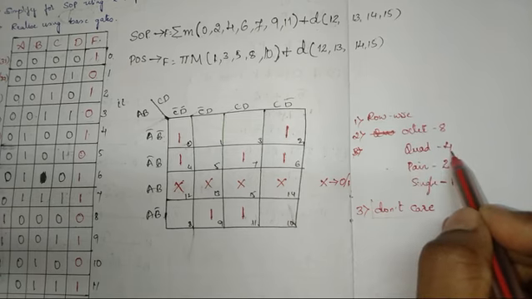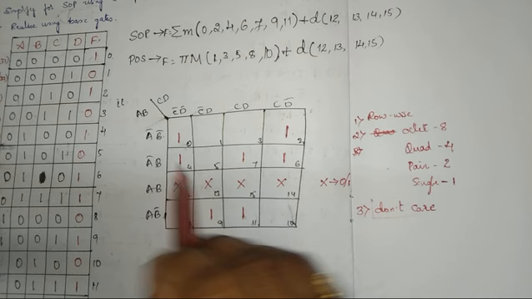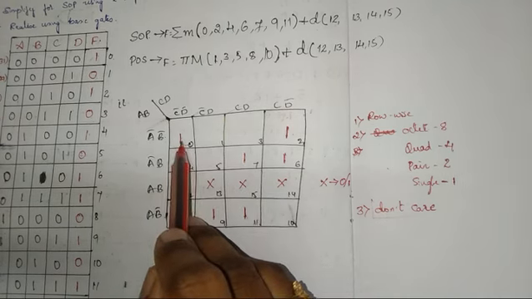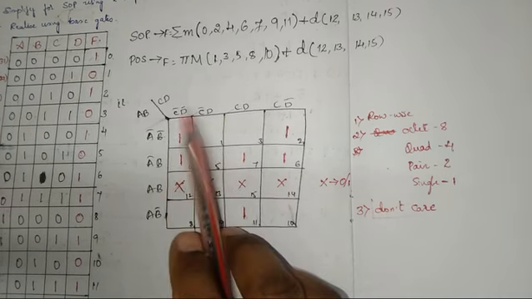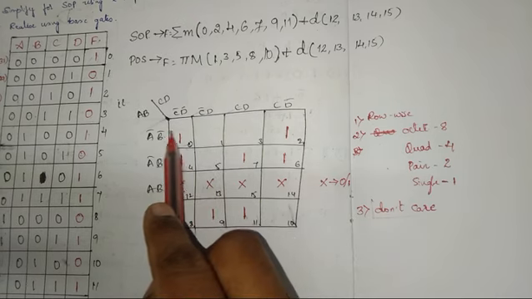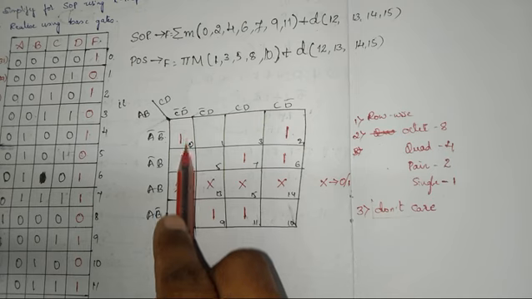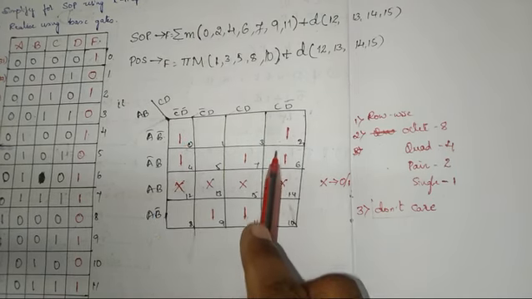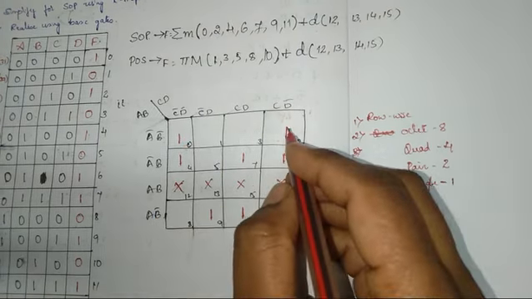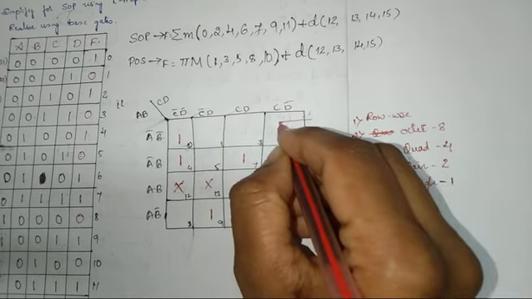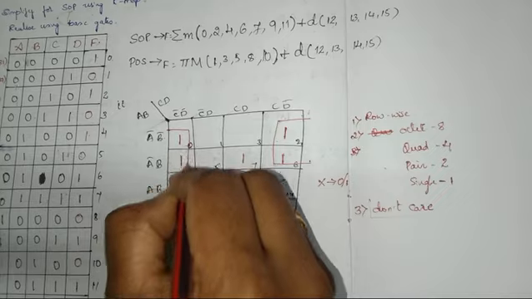For a quad, 4 ones must be there, right? Is there any 4 adjacent ones for this? Are there any ones here? No, right? But if I roll this, can I make a group? Yes or no? So this is the first group I am making.